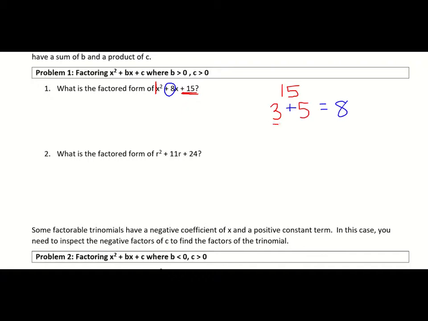So I'm going to use the numbers 3 and 5. And I'm going to rewrite my polynomial that I was given with 3 and 5 instead of the 8.